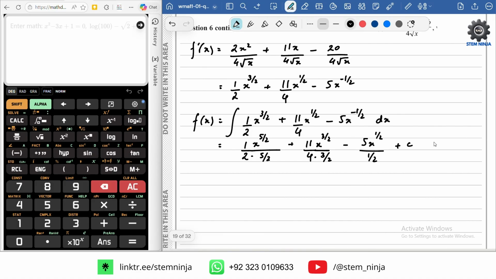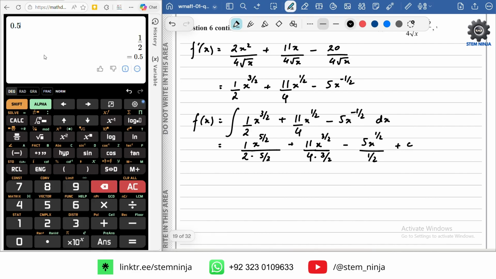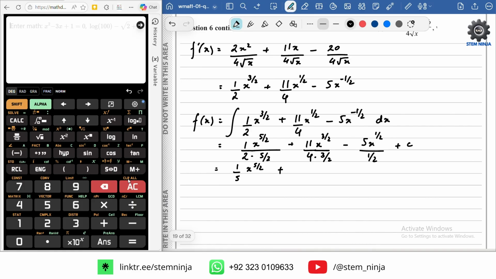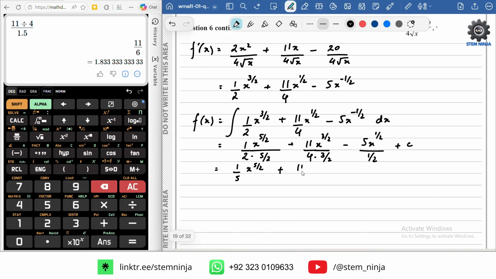Okay, so right. So 0.5 divided by 2.5 is 1 over 5, simply, plus, I think it would be just 11 over 12, but divided by 1.5, yeah, 11 over 6, sorry, yes. x to the 3 by 2, and this would be just 10 x to the 1 over 2 plus c.